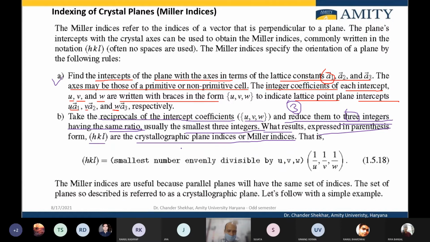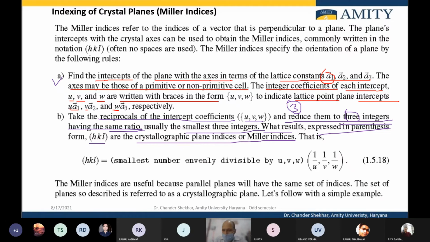One is to take the intercept of the direction along the x axis, y axis and z axis. Then take the reciprocal. Why are we taking the reciprocal? To accommodate the possibility of infinity. Infinity may not be in each and every plane. We'll see a few examples, but these steps should be applicable to all sorts of possible planes.